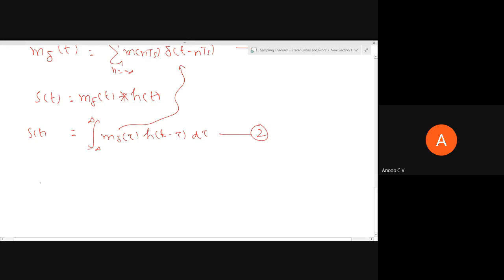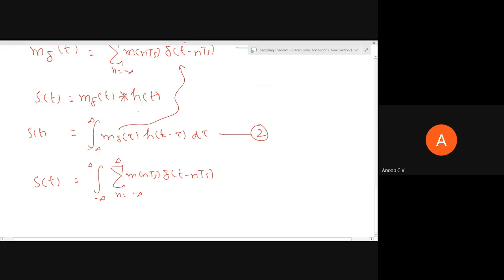I'll substitute it here. So s(t) is equal to the integral from minus infinity to infinity. Instead of m_δ(t), I can write it as the summation over n from minus infinity to infinity of m(nTs) times δ(t minus nTs).